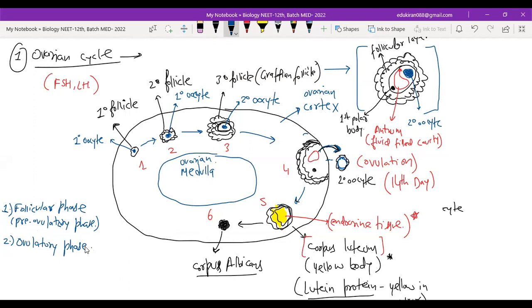The Graafian follicle bursts, releasing the secondary oocyte out of the ovary.